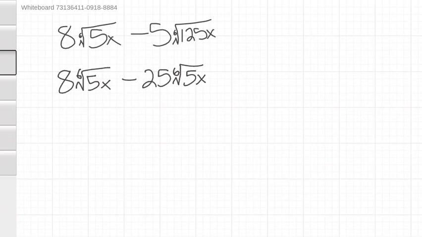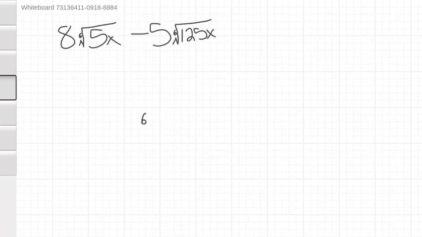Now all we have to do is just subtract. 8 minus 25 is negative 17. 6th root of 5x. So our answer, 8 6th root of 5x minus 5 6th root of 125x, is negative 17 6th root of 5x.